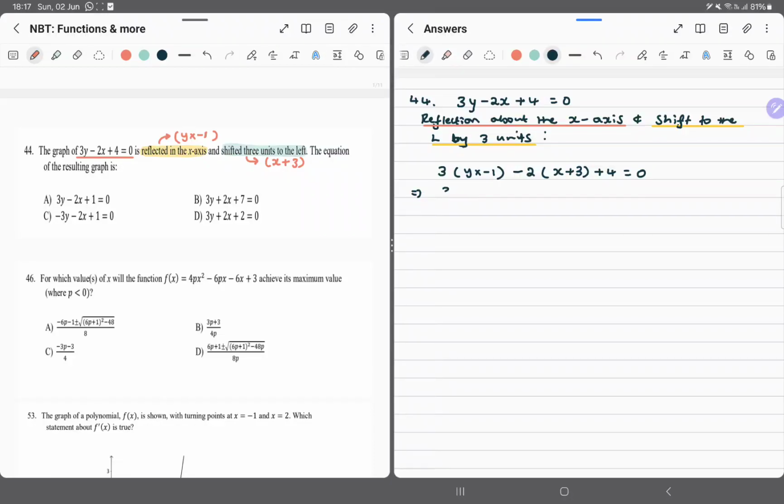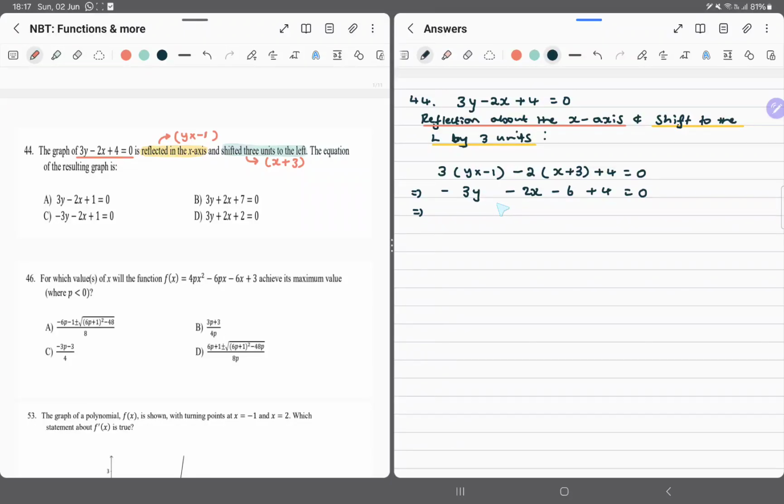This implies we've got 3, remember, this is going to amount to minus 3y minus 2x minus 6 plus 4 equal to 0.